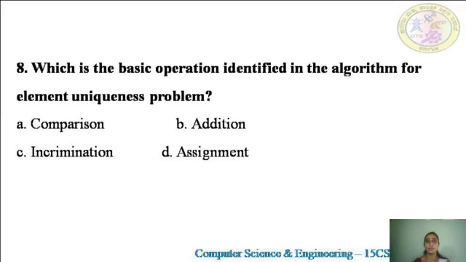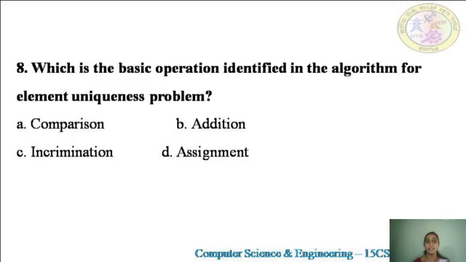Now the next question. Which is the basic operation identified in the algorithm for element uniqueness problem? Comparison operation, addition operation, incrementation operation, or an assignment operation?